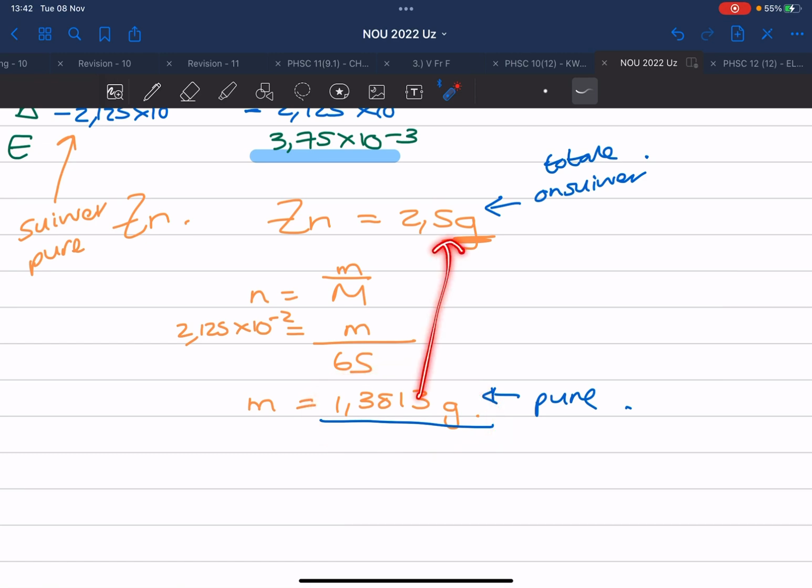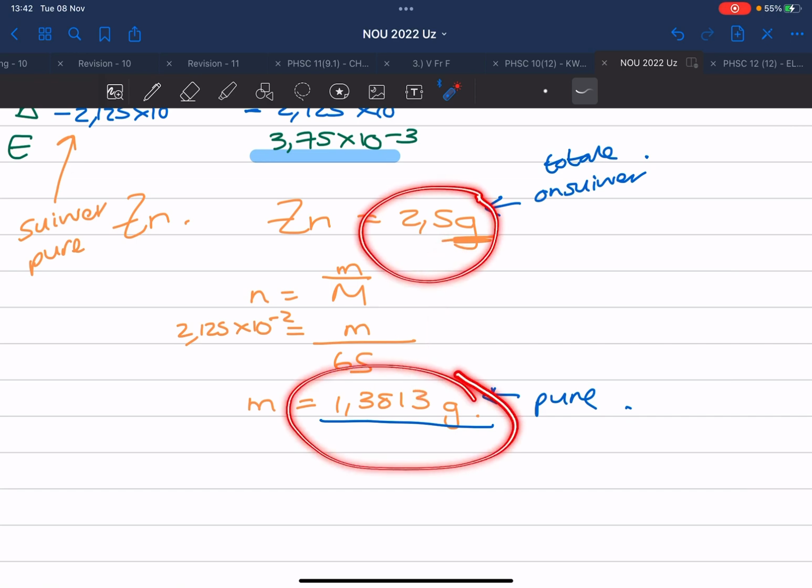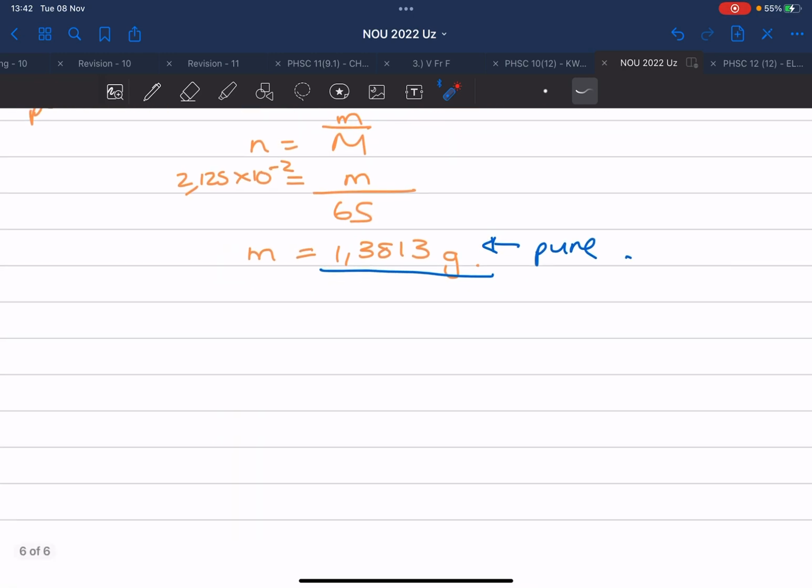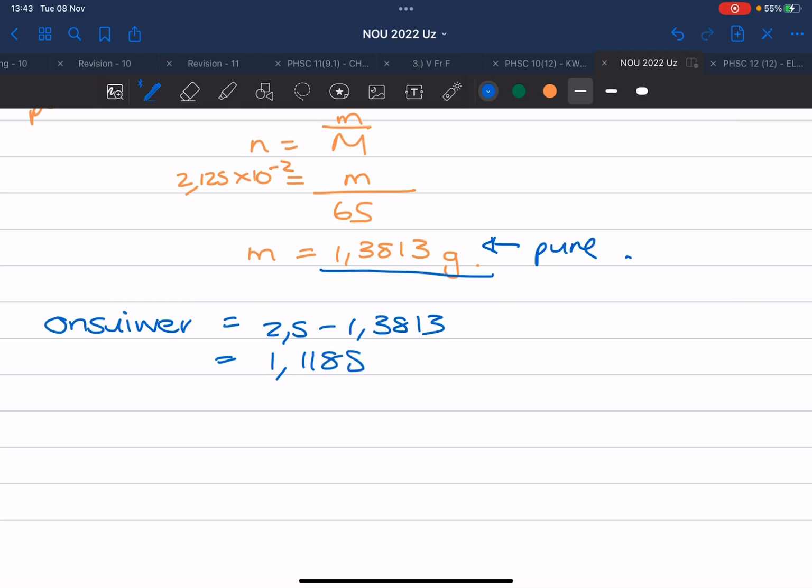If that is the total, and this is the pure, then how am I going to get the impure? That minus that. Okay? So die onsuiwer gaan wees 2,5 minus 1,3813, 1,12. Nog nie jou finale antwoord nie, moet nog afrond nie. 1,11875 gram. En dit is die onsuiwer.